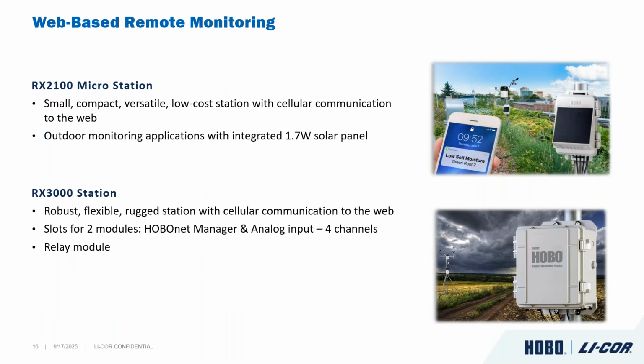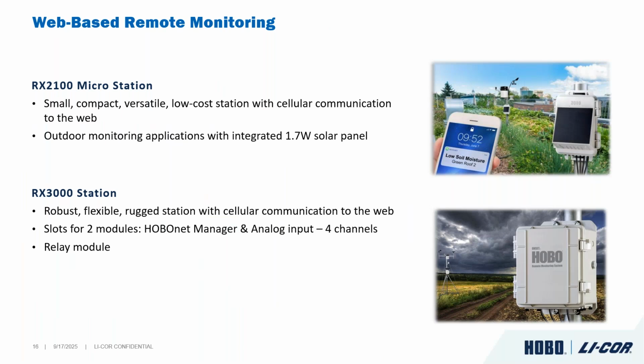And then you have an outdoor version, which has an integrated 1.7 watt solar panel, as you can really utilize that sun. That offers 5 plug-and-play sensors, and the stations vary. You have a plug-and-play only, you have a station that can monitor water level, and then you have the HOBOnet station, which allows you to connect up to 50 wireless sensors, so you can really get a large coverage.